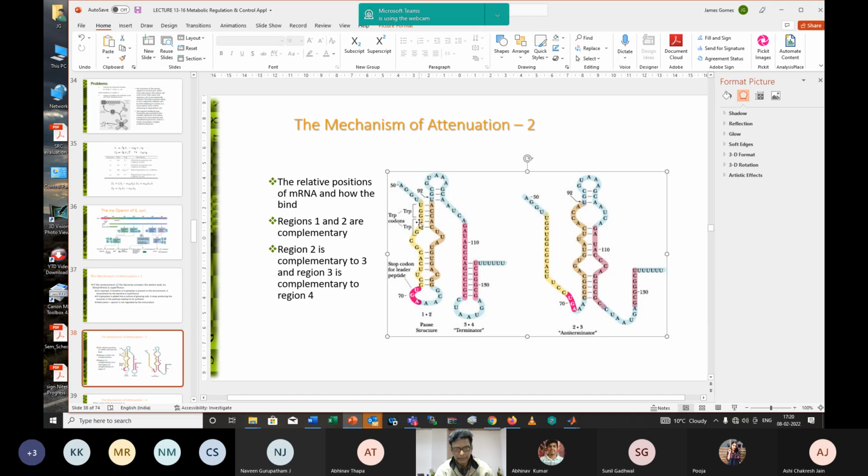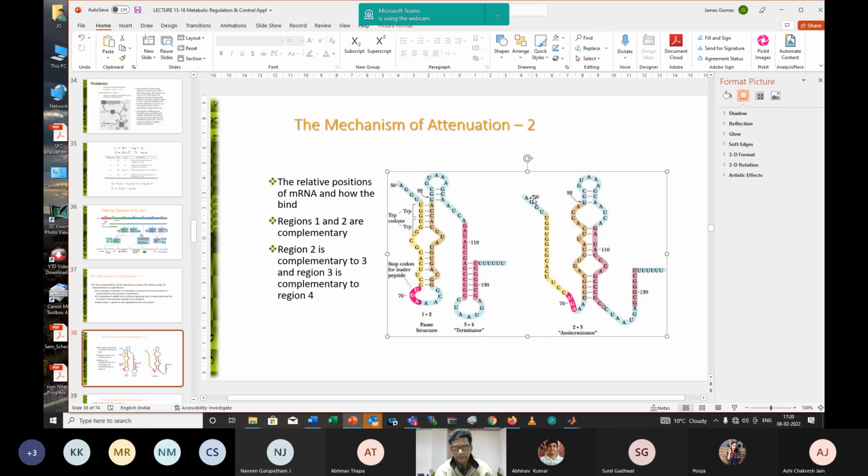The complementarity is this way: 1 and 2 are complementary to each other, 2 and 3 have complementary regions which can allow them to bind, and 3 and 4 also have complementary regions. So you can have a 1-2, 3-4 configuration, because 1 and 2 have complementary regions, and 3 and 4 also have complementary regions.